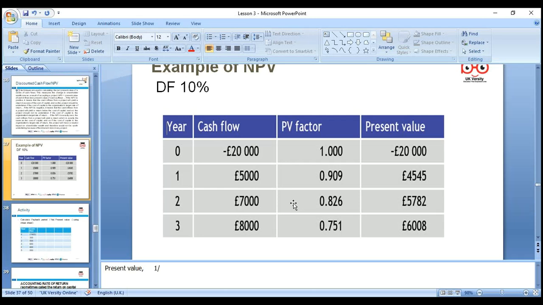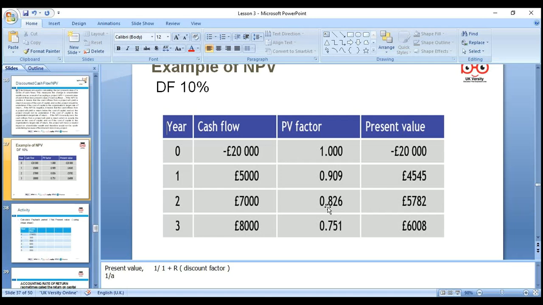If I depreciate 10%, we need to use the formula 1 divided by 1 plus R. R represents the discount factor. Normally in the exam, this table is given, so we just write the value.